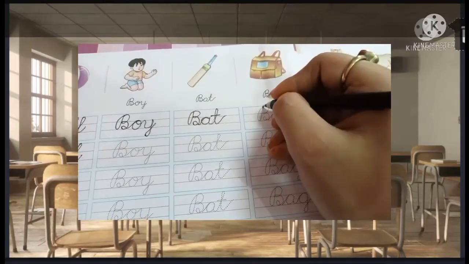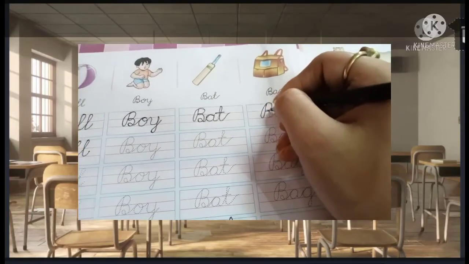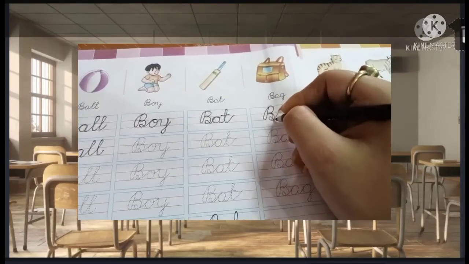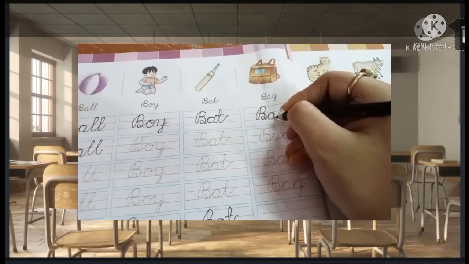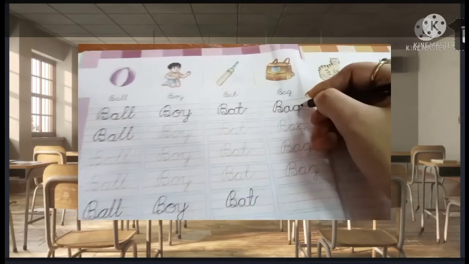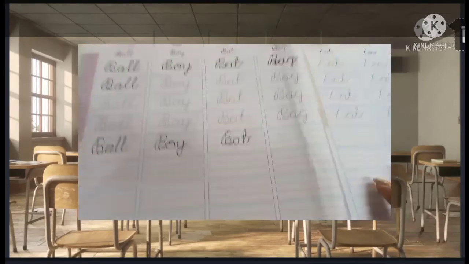So bag will also become easy when you write, because you have already learned how to write B and then A, okay? So it goes like this. And G will come down here, then back, give this circle, come down, give this twist.